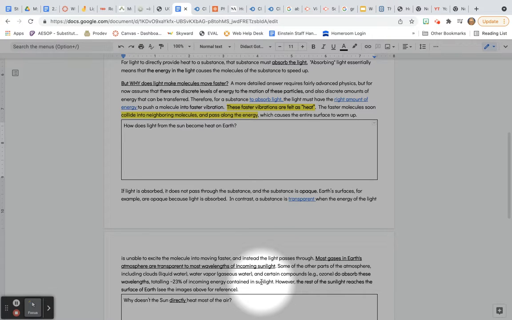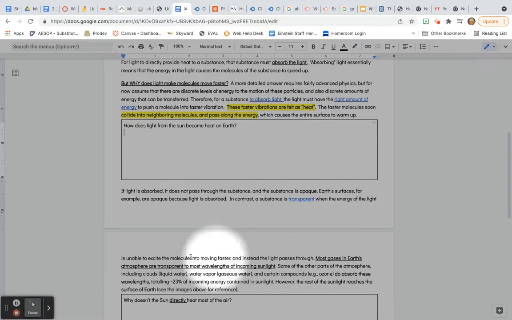So again, it's not the air that's absorbing the energy from the sun. Rather, it is primarily the water that is in the air as either a cloud or a gas that is absorbing the incoming light energy.